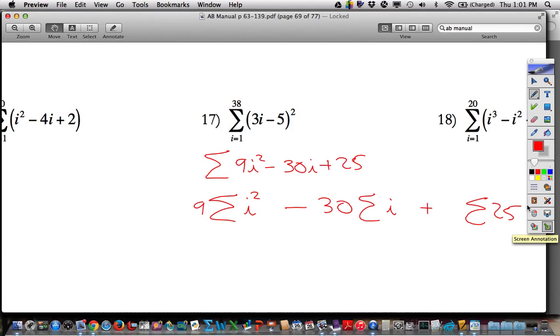I could have sigma I squared. I've got that formula up there for it. N would be 38. So I would go 38 times 39 times 2n plus 1, 77, times 9, right? And then 30 times sigma I, use the sigma I formula, with n being 38. And this would be 25 times n, 25 times 38, right? So we could do this.